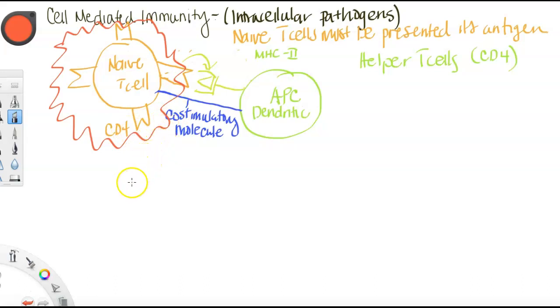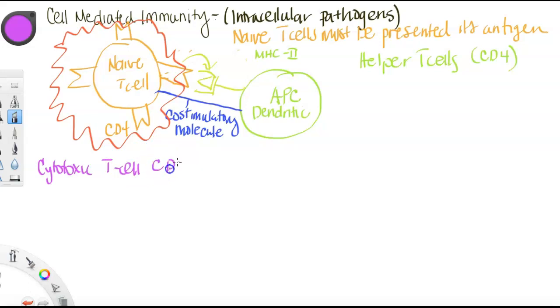The cytotoxic T cells also have to be shown their antigen by an antigen presenting cell, and it's going to be a dendritic cell. Dendritic cells are unique because dendritic cells have both MHC1 and MHC2. Okay, so let's look at the cytotoxic T cell.